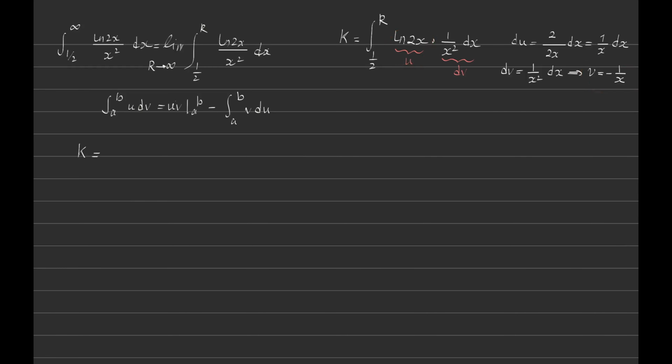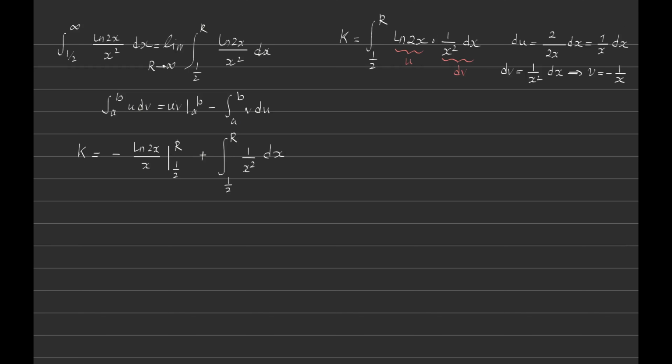I multiply them, so it becomes minus ln of 2x over x, run from 1 half to r, minus the integral from 1 half to r of v times du. There is a minus sign; I pull it out and make it positive, so it becomes 1 over x squared dx.